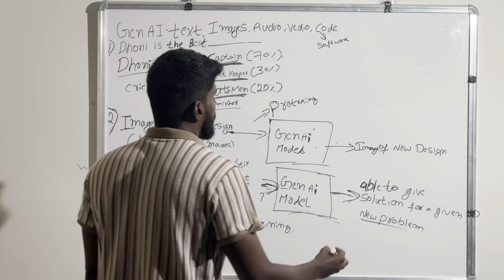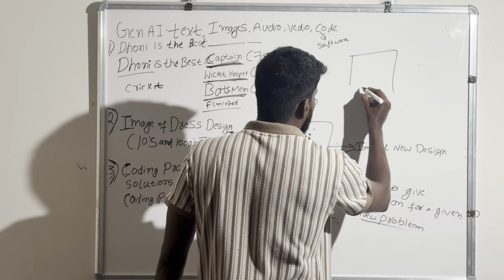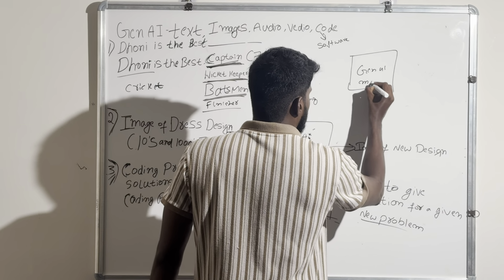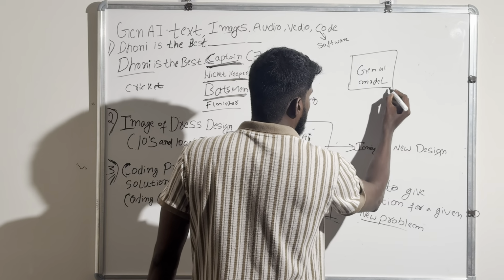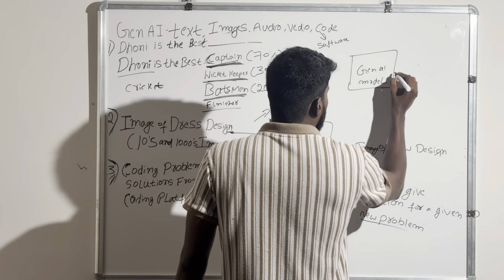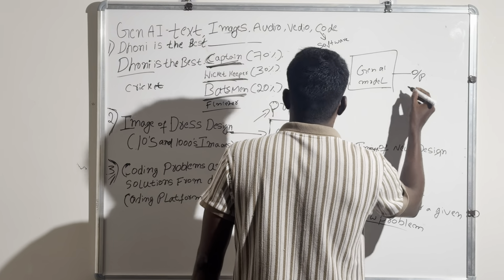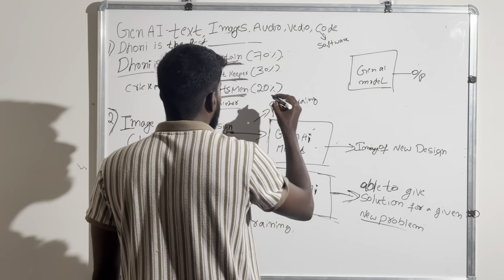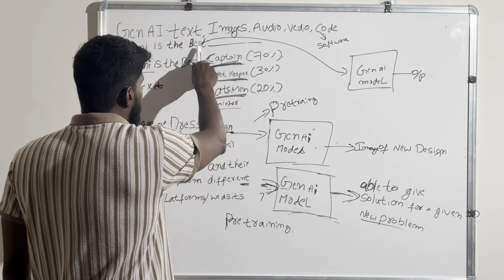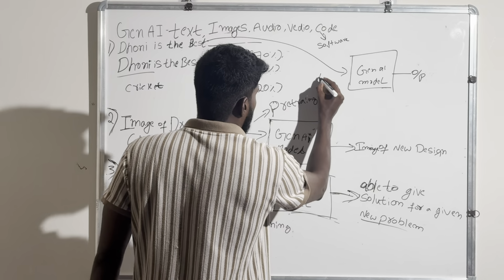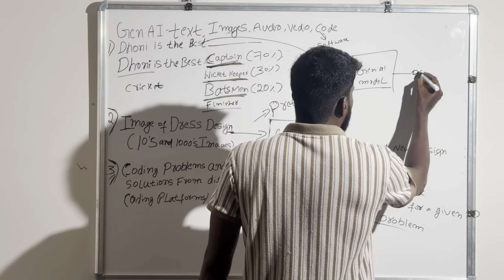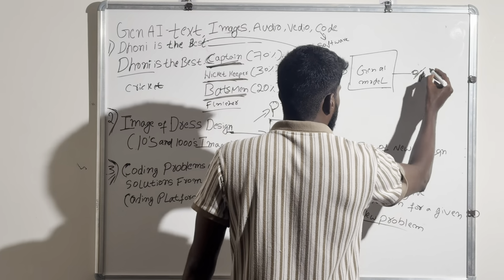Similarly, let's say there is a Gen AI model. We want this Gen AI model to predict the output as captain or wicketkeeper or batsman. If I give the sentence Dhoni is the best as an input to this Gen AI model, it should be able to generate an output.